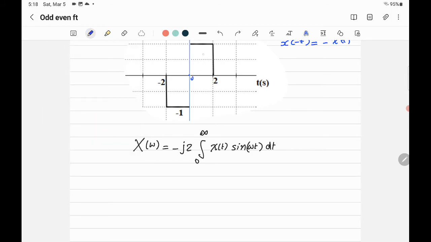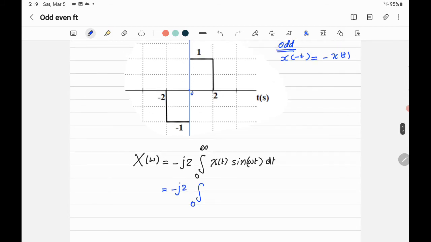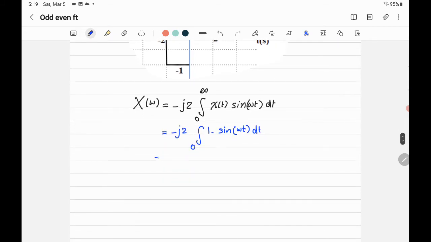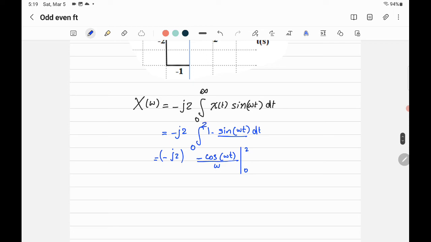So it will be equal to minus j2, the integration from 0 to infinity, but again, you'll find only from 0 to 2 you have a value, which is equal to 1, multiplied by sine omega t dt, which will be equal to minus j2, and the integration of sine is negative cosine omega t divided by omega, with the limit of integration from 0 to 2.